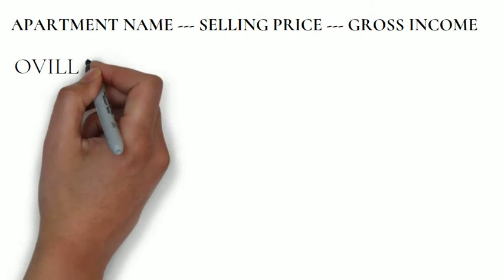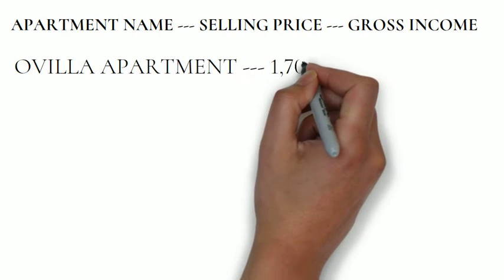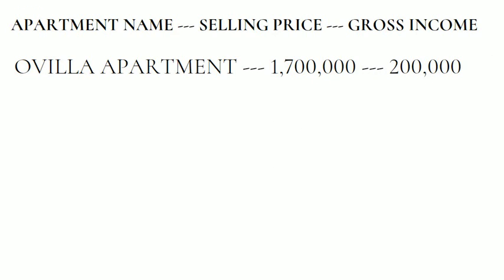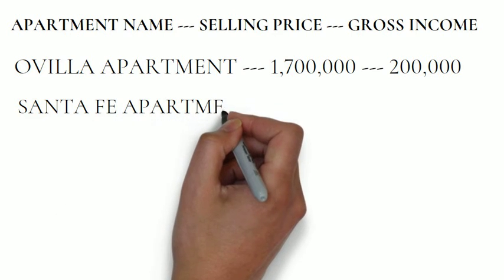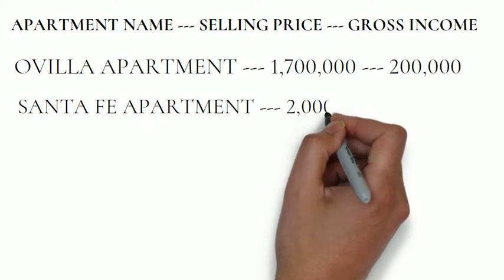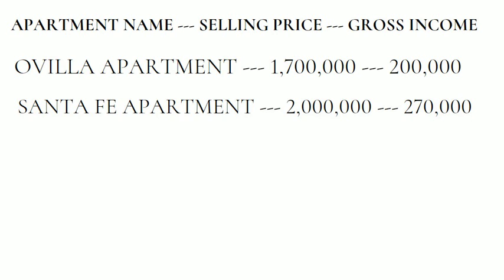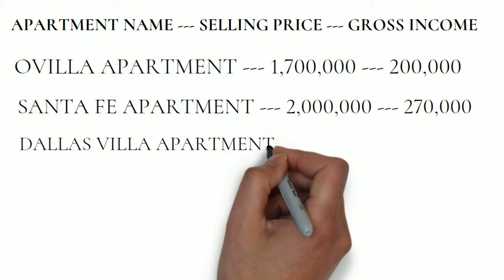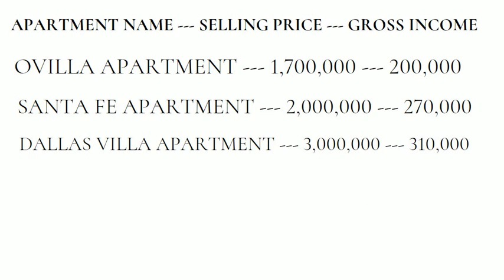Ovilla apartment is the first apartment, selling price of $1.7 million and with a gross income of $200,000. Santa Fe apartment is the second apartment with $2 million selling price and $207,000 gross income. Dallas Villa apartment with $3 million selling price and $310,000 gross income.